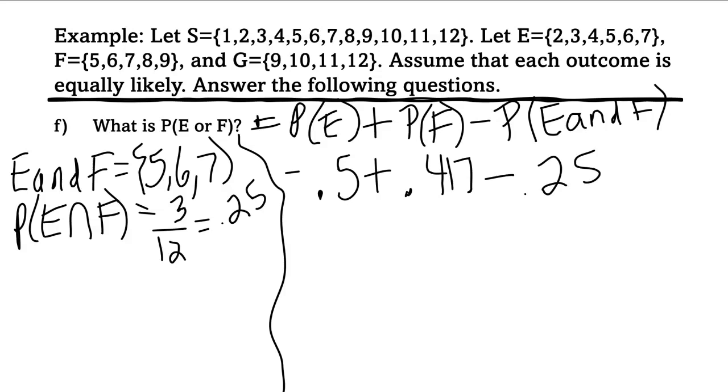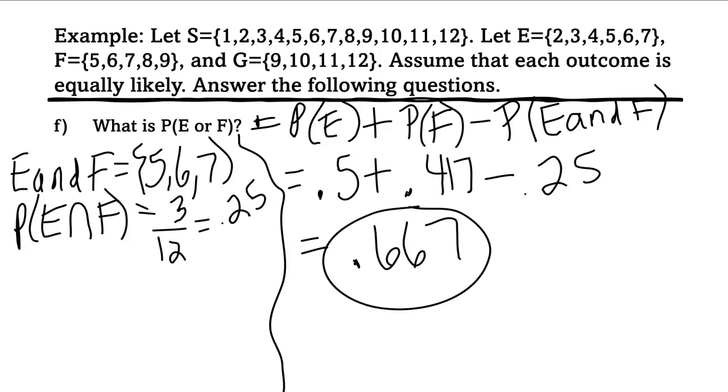So in order to find the probability of E or F, we would do 0.5 plus 0.417 minus 0.25. And once you calculate all of that, you get 0.667. So that would be the probability of E or F. So we did the probability of E, which is 0.5, plus the probability of F, which is 0.417, minus the probability of E and F, which is 0.25, and that ends up being 0.667, all right?